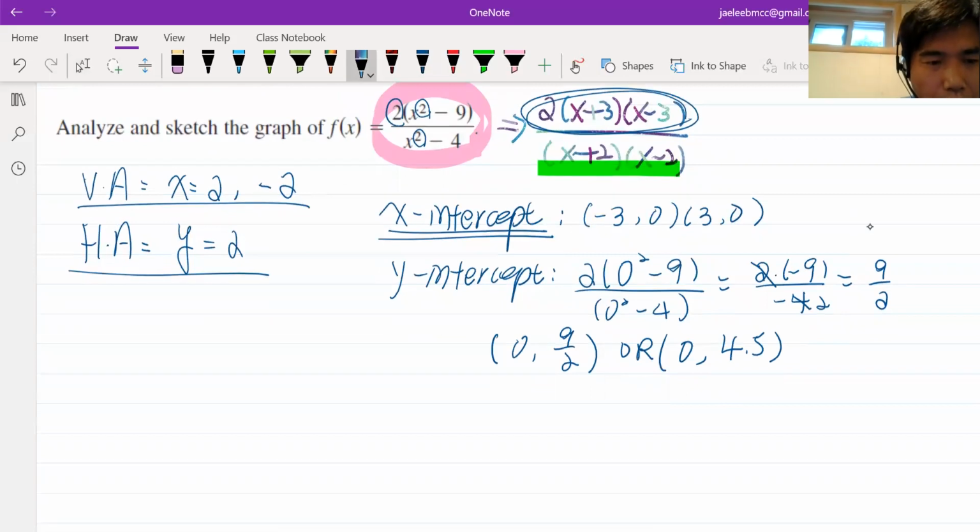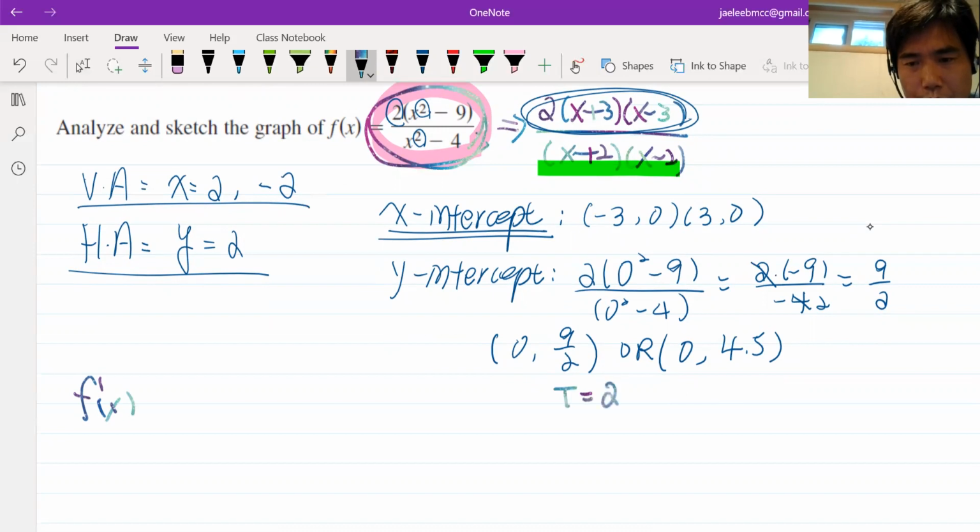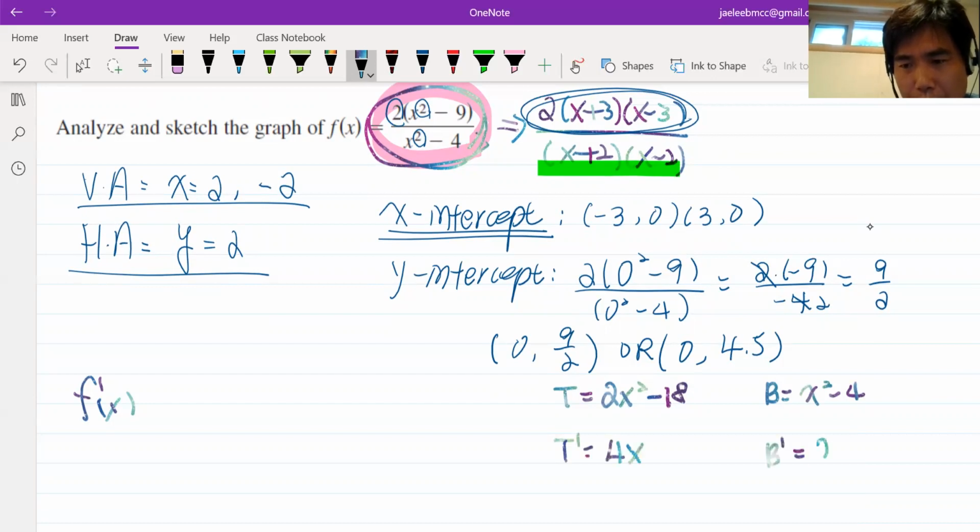In order to find f′(x), we need to set up the quotient rule. So top = 2x² − 18, and bottom = x² − 4, then top′ = 4x, bottom′ = 2x. We always do this direction first.